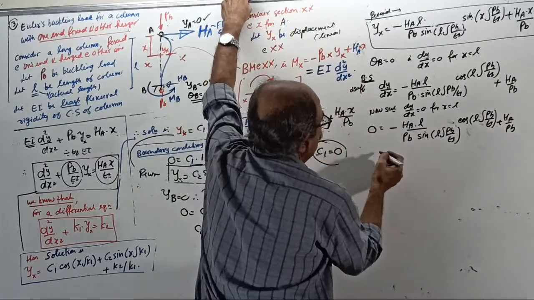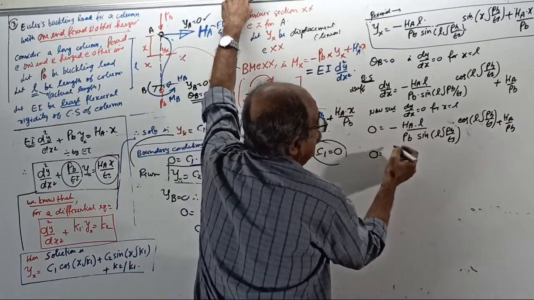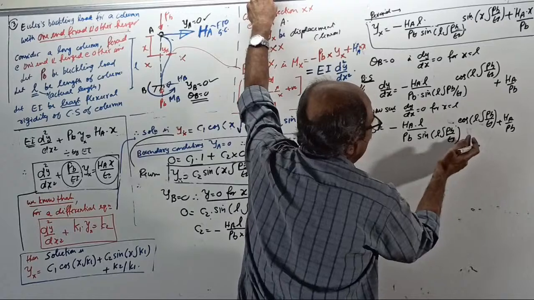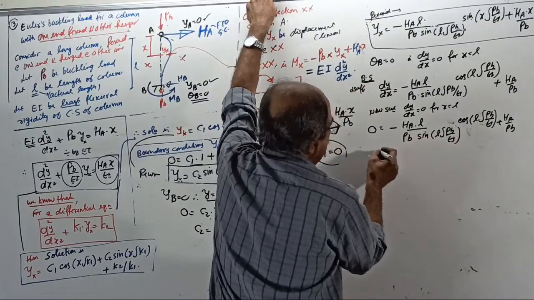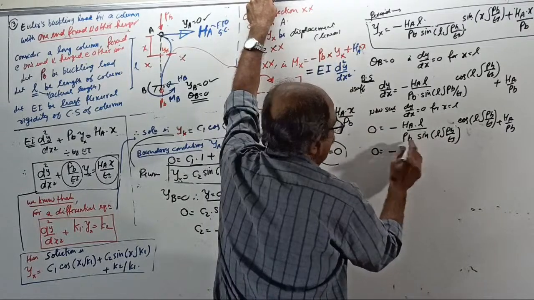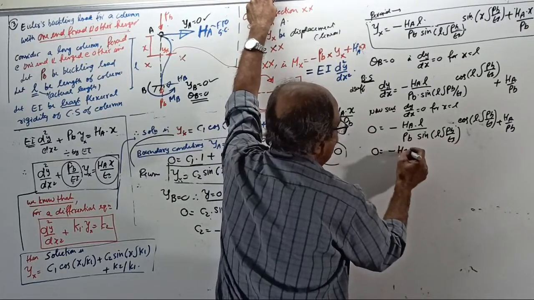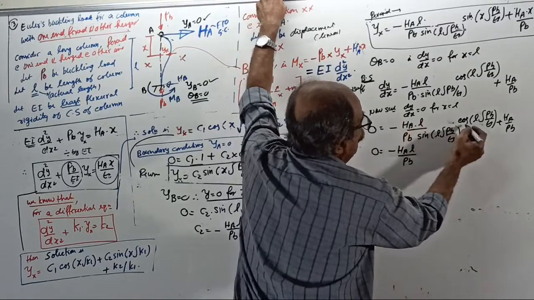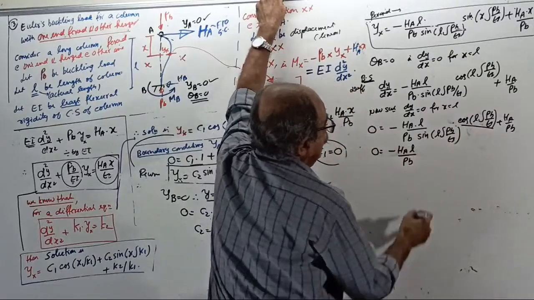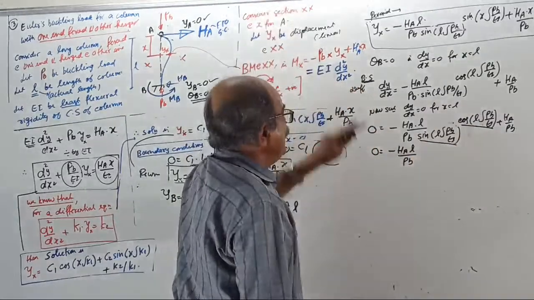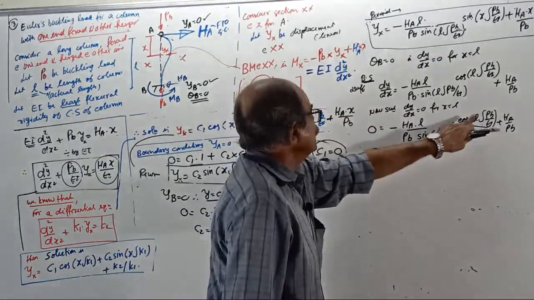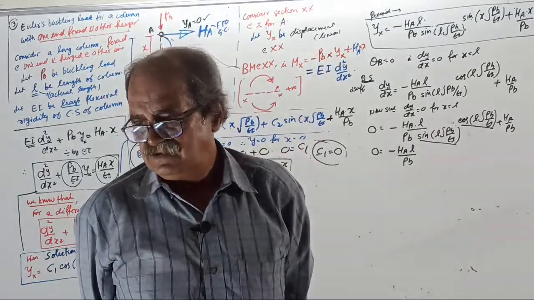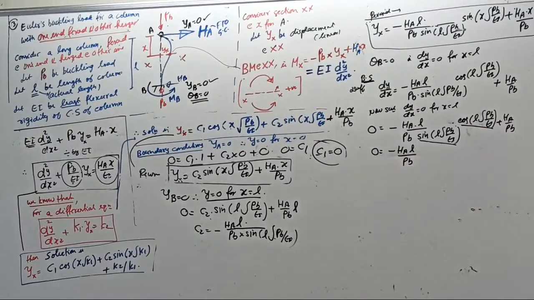Or you can write 0 equal to minus HAL by PB into cos L root PB by EI by sin L root PB by EI. What is cos by sin?